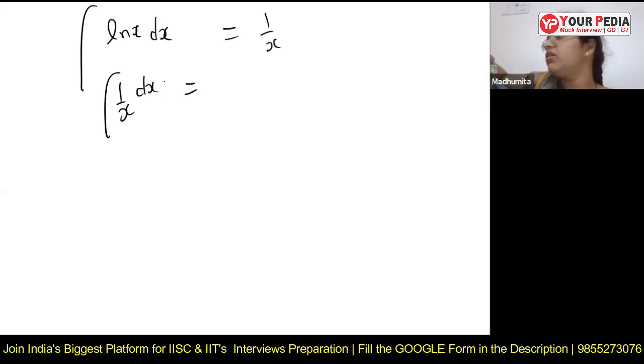Integration of x power minus 1 would be x power minus 1 plus 1 by minus 1 plus 1. We cannot do that. Integration of 1 by x is ln x.